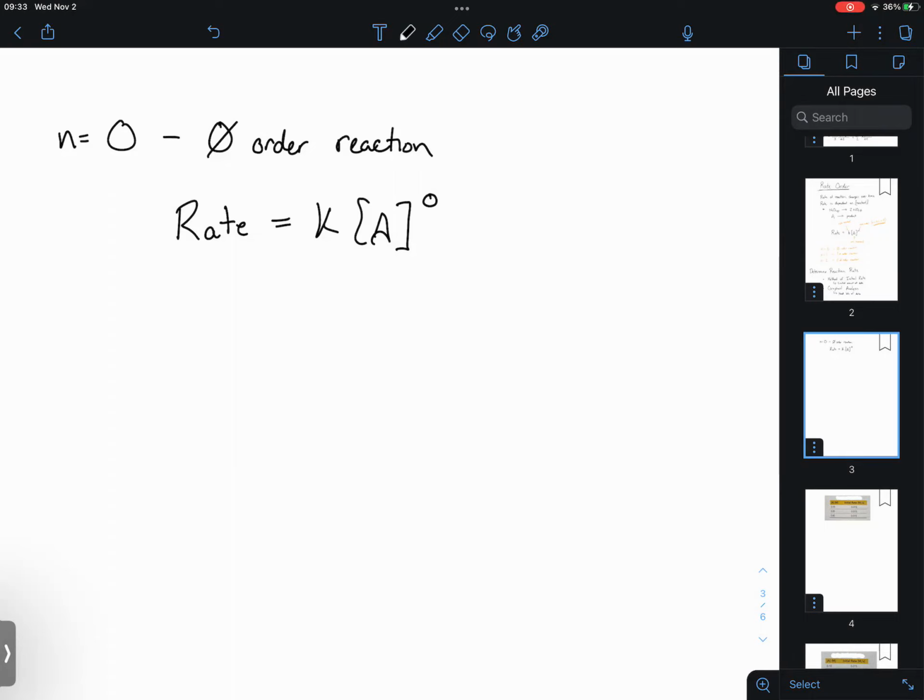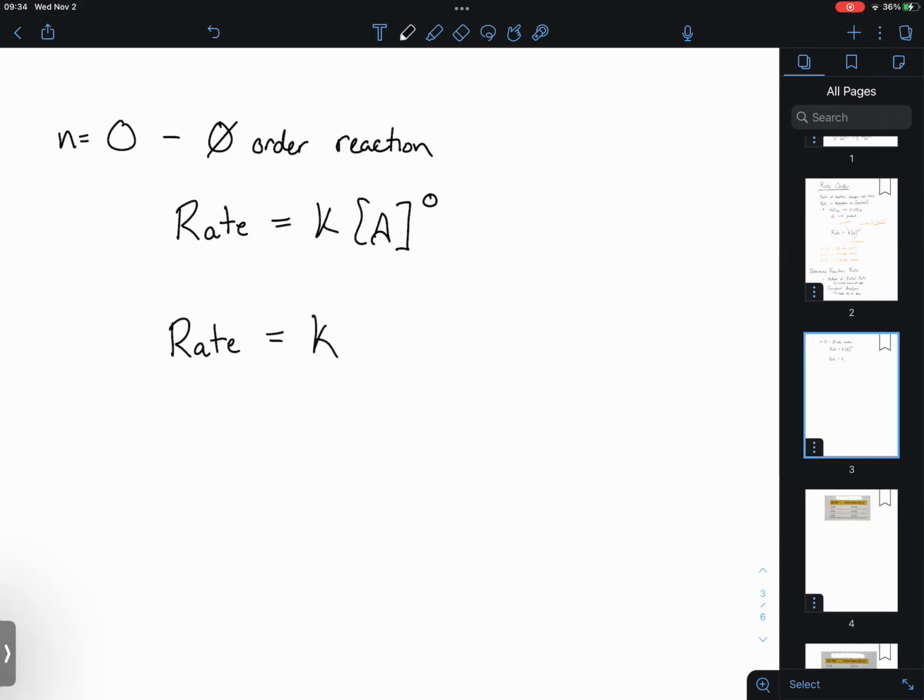Anything to the power of 0 is just 1. So I have k times 1. And so my rate expression will simplify to the rate equals just k.